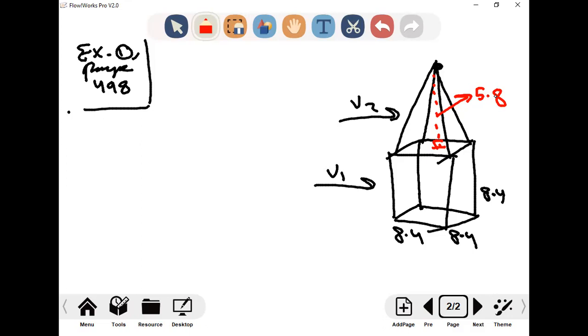Big V equals the volume of a square prism plus the volume of the upper one. We call this volume 1, and volume 2 of the square pyramid. Down, I'm talking about the prism. What is the volume of the square or rectangular prism?